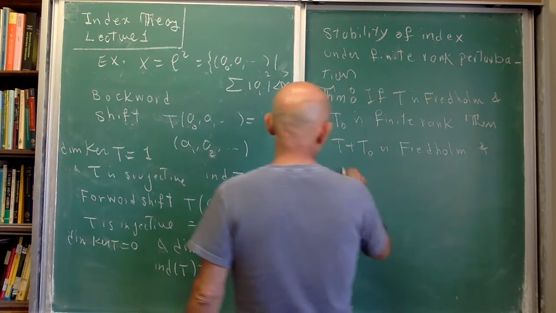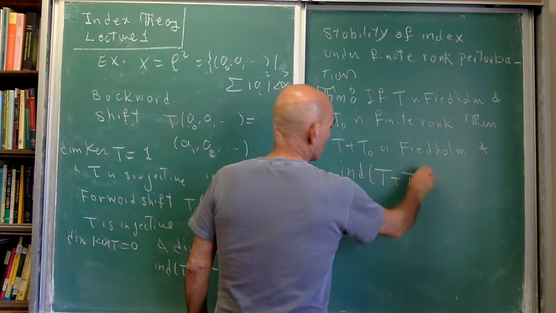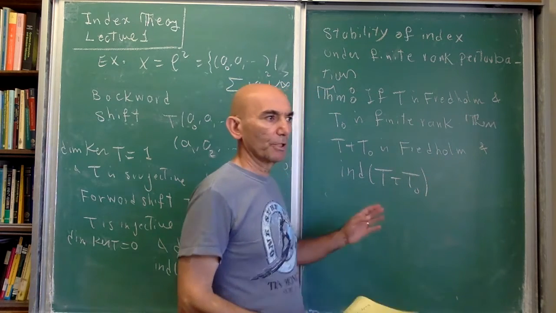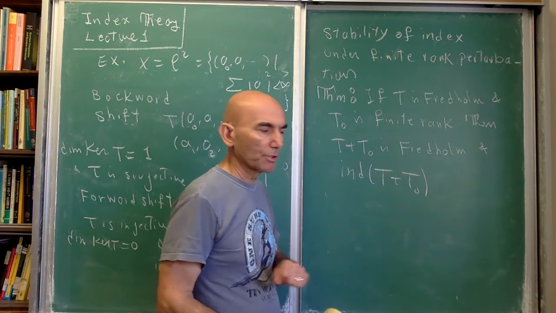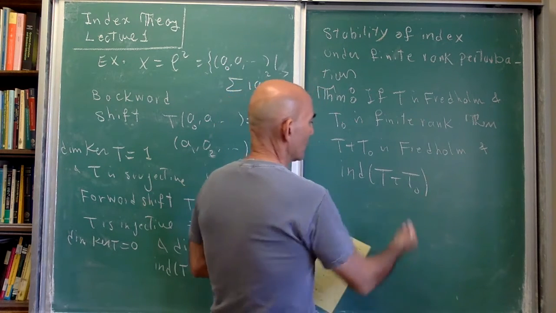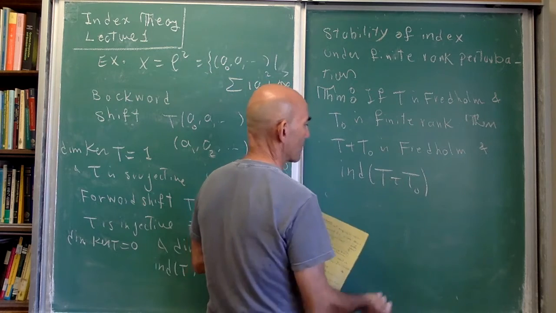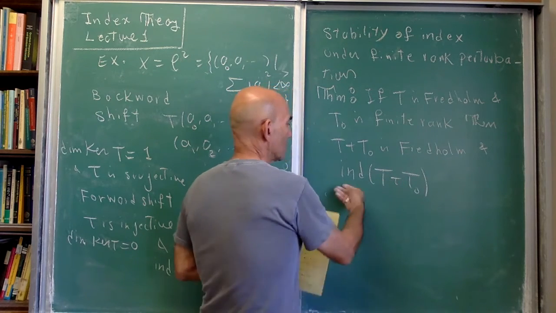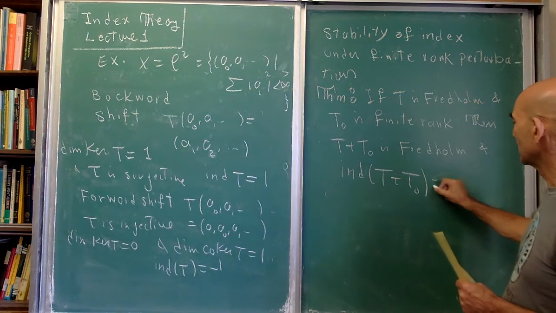And not only is it Fredholm, so finite rank perturbations of Fredholm is Fredholm, and the index doesn't change. So it's kind of small changes in some sense to T does not change its Fredholm nature and does not change its index.